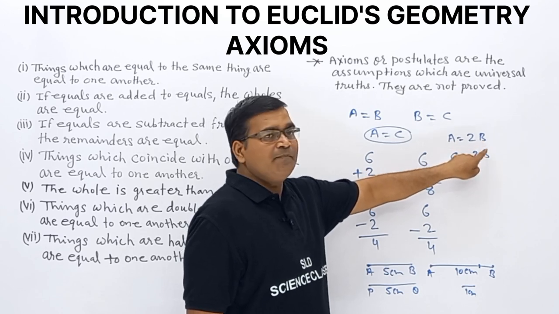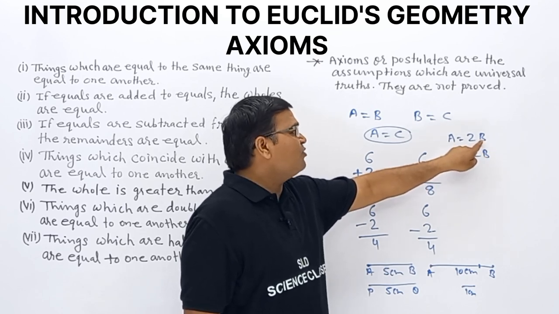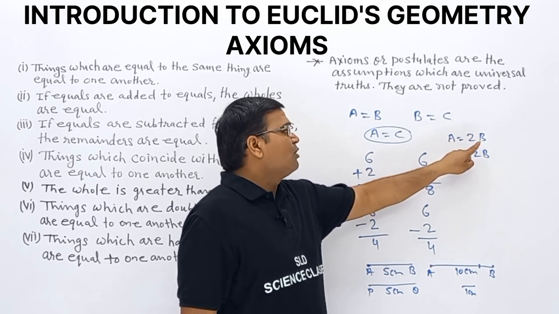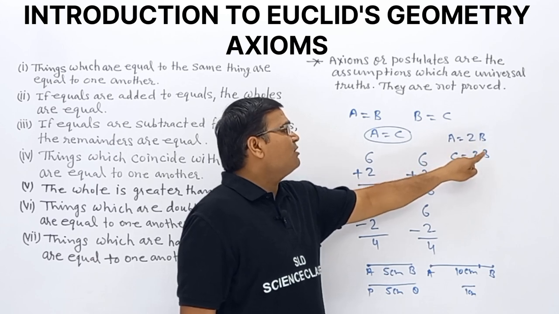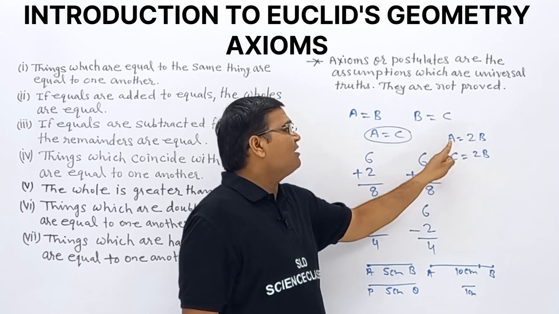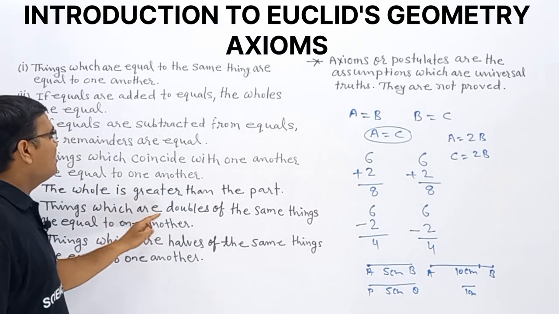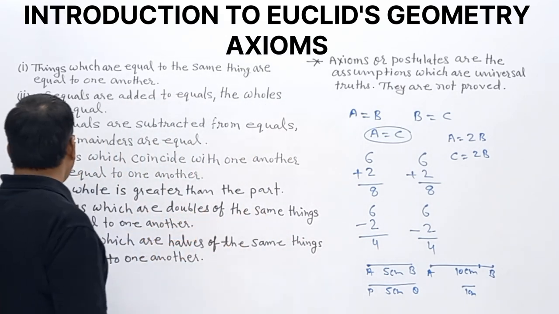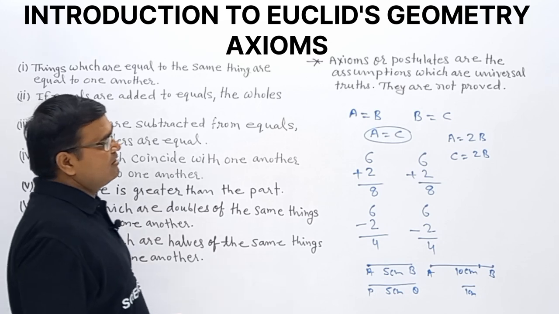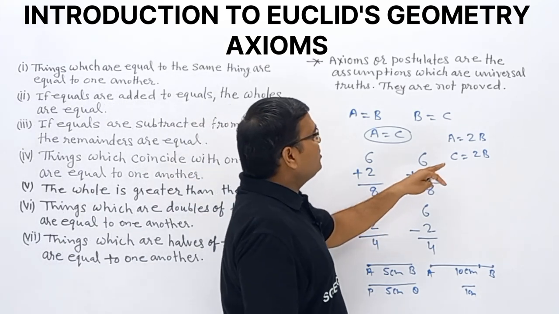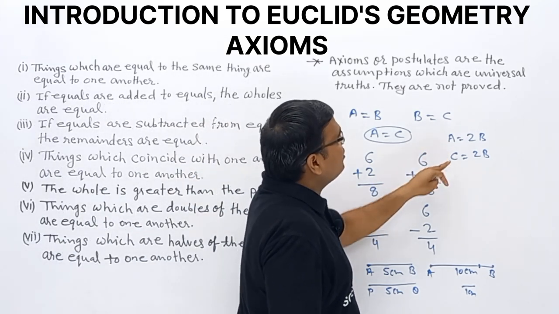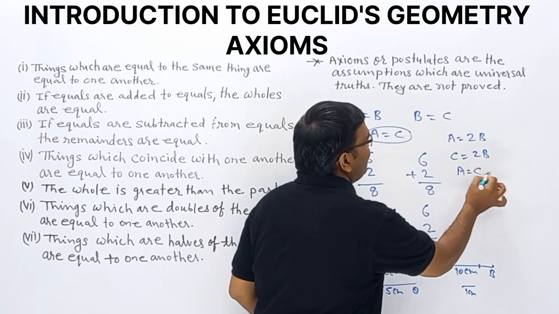We are having B, the same thing, and its double. Double of this one, we are getting A and C. So things which are doubles of the same thing are equal to one another. So from this, we can say A equals C.